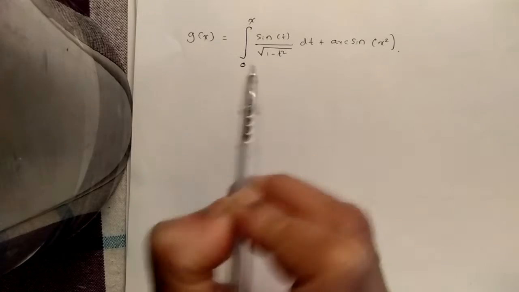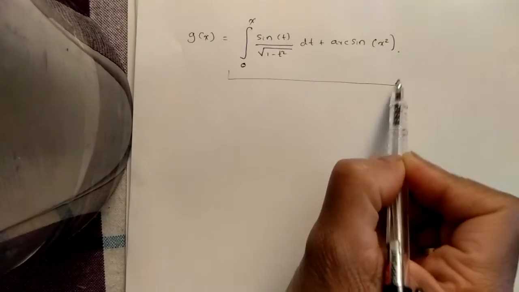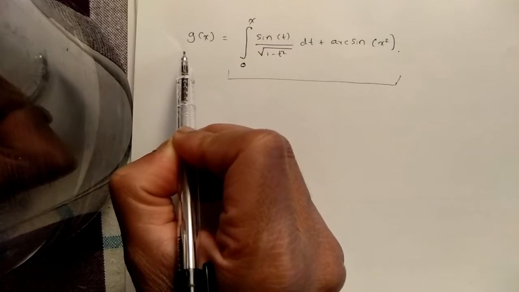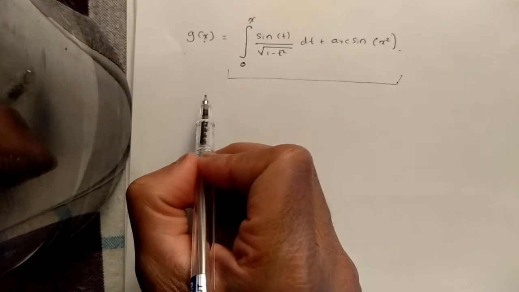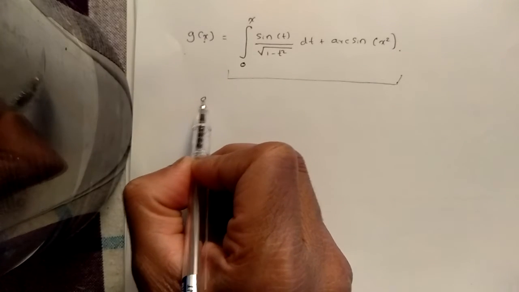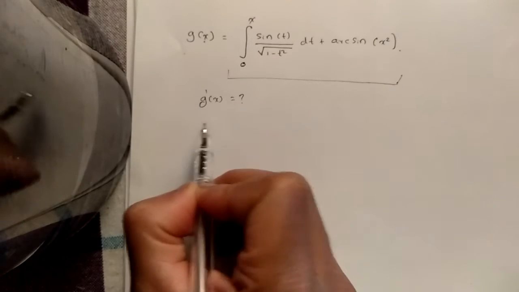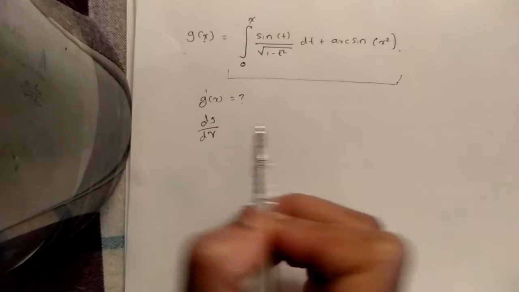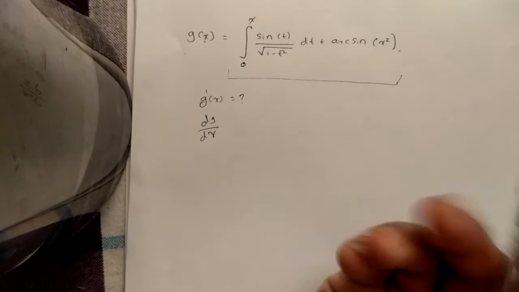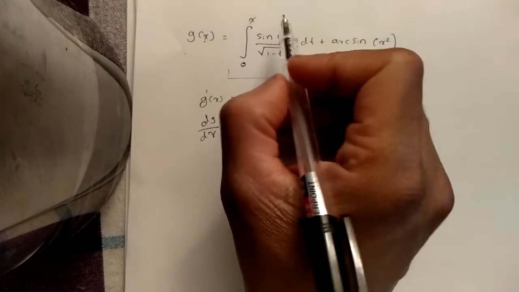Now here they have given a very complicated looking function, and this function is a function of x, right? And then we are supposed to find the derivative of that function, that means the derivative of g with respect to x, right? Now simply we should apply the derivative rules, but that's all we can do, right?